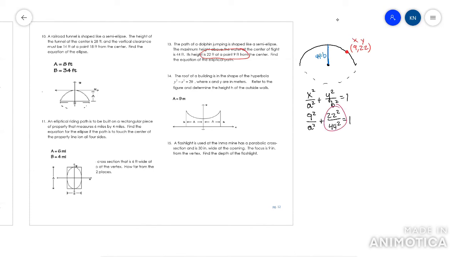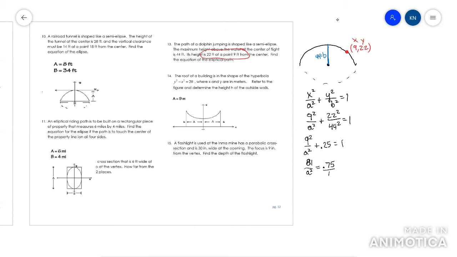This right here is going to have a value of 1/4 again. So it's going to look like this: 9 squared over a squared plus 0.25 equals 1. Subtract that 0.25, and I'm going to make 9 squared 81. We'll call it 0.75 over 1.